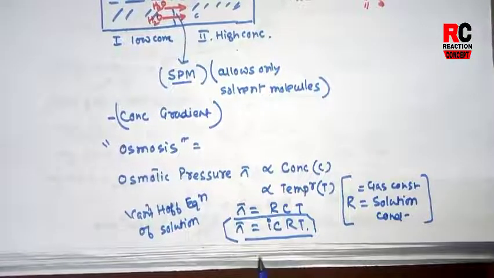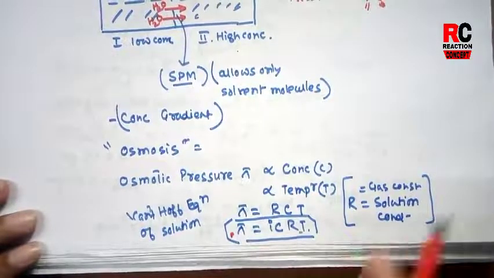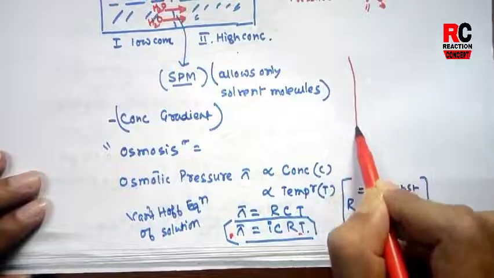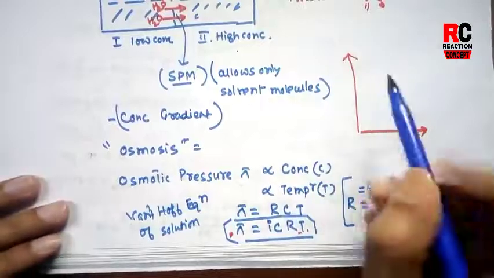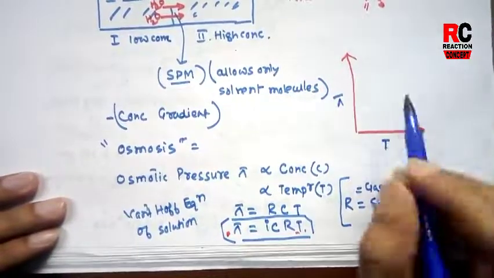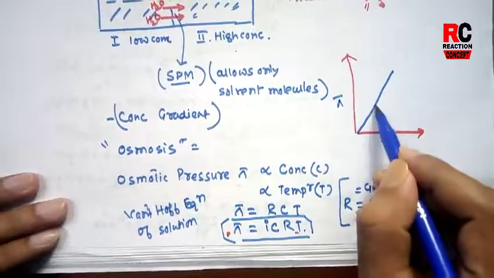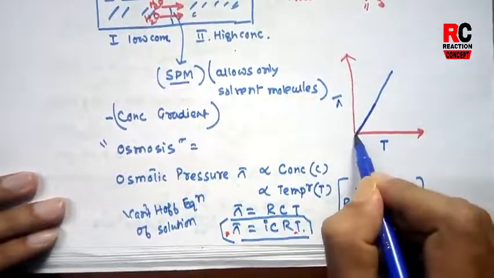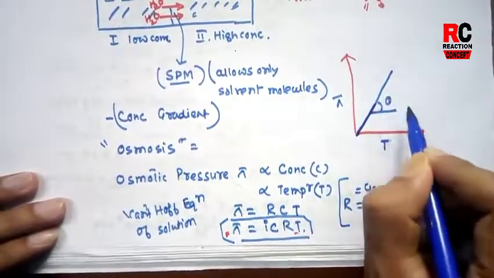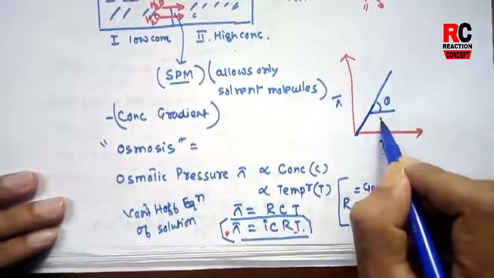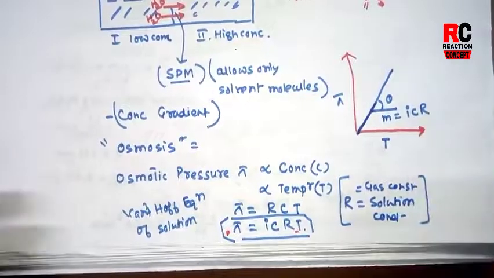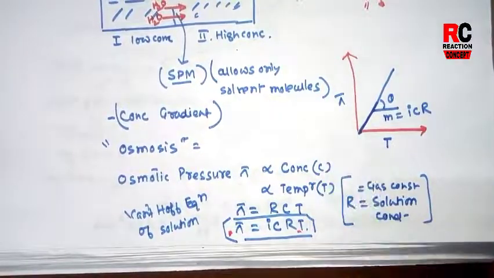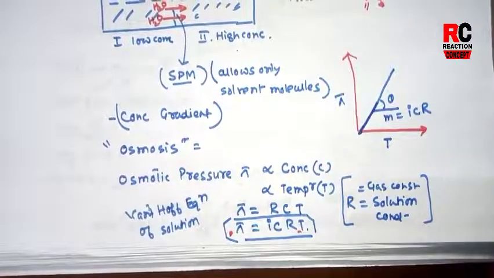If we draw a graph between pi and T, then we will get a straight line like this, a straight line of the pi versus T graph, which goes through the origin, and the slope of the graph, tan theta, m, is equal to i into C into R. This would be the pi versus T graph for osmotic pressure of a solution.